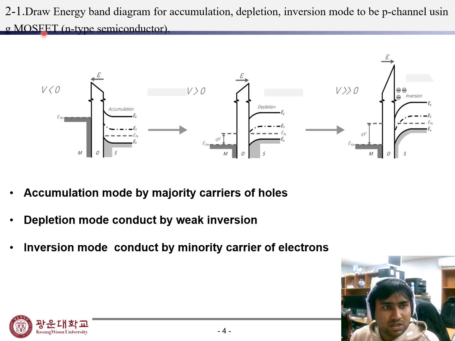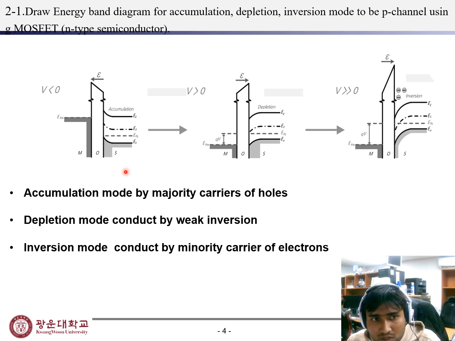In this question we discuss drawing the energy band diagram for accumulation, depletion, and inversion modes of a p-channel MOSFET. First of all, we need to know what accumulation, inversion, and depletion are.